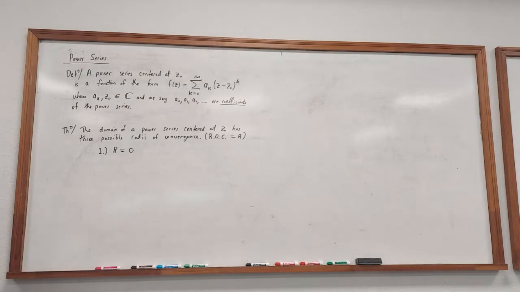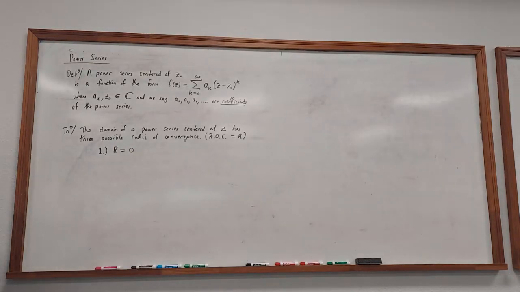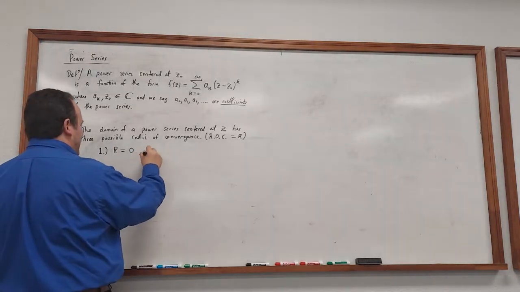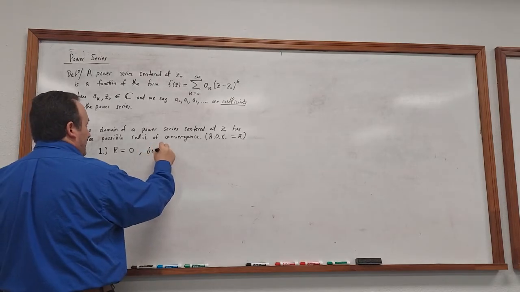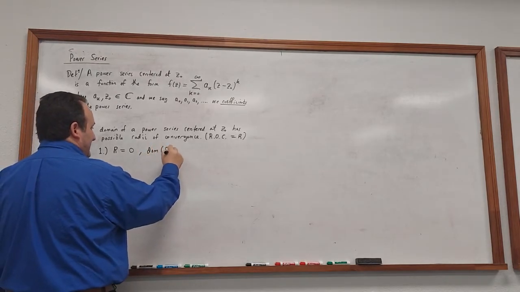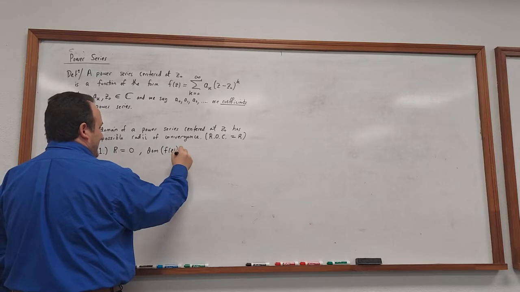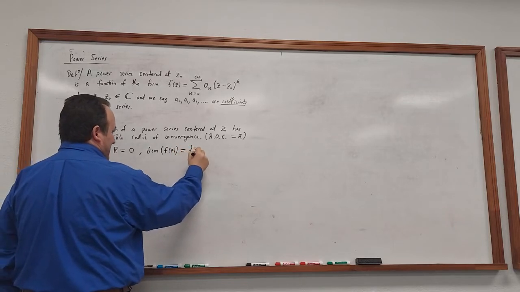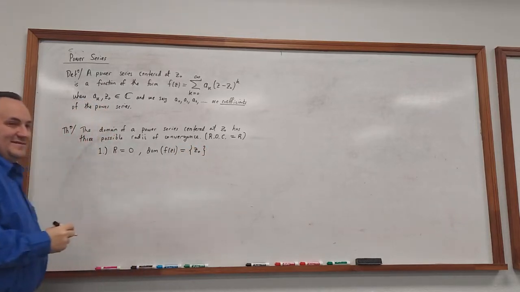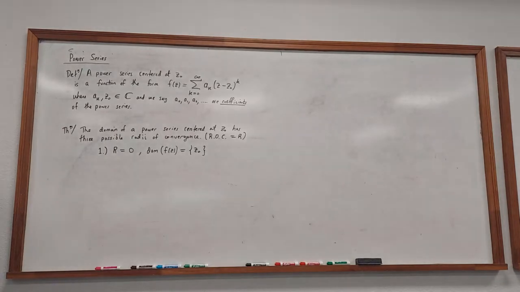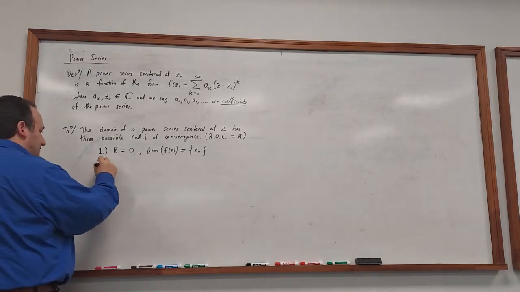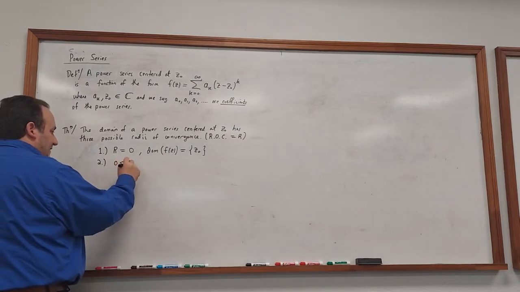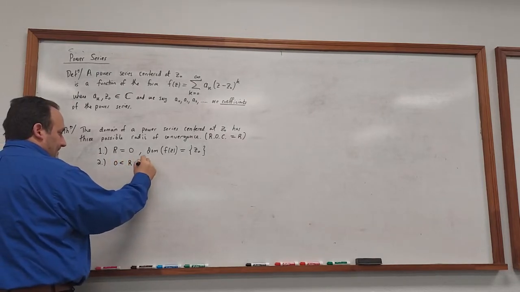In this case, the domain of f, the domain of your power series, is just equal to the set containing z naught. This is a very silly case, but it's possible. The second case is that R is positive but not infinite.